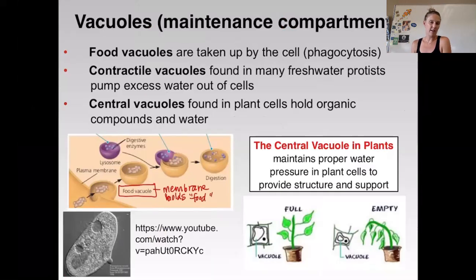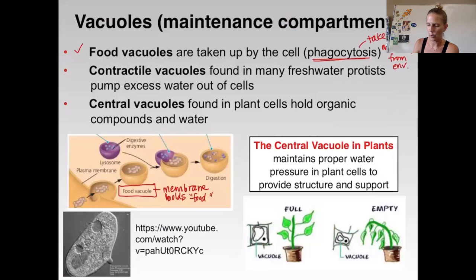And a vacuole is just like a sac that's going to do that. However, vacuoles also come in many flavors, depending on what kind of cell you are. So you can have food vacuoles that are taken up by the cell through phagocytosis, right? The ability to take up material from the environment.